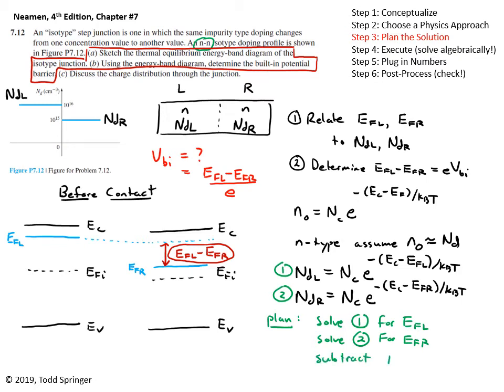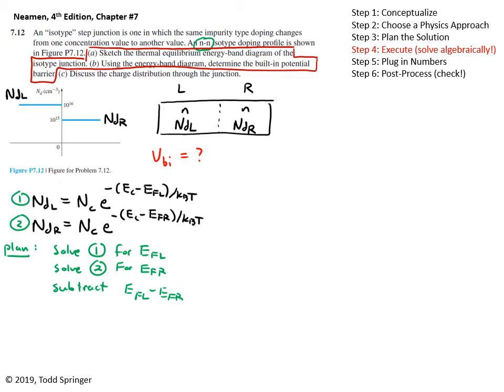And we'll get EF left minus EF right, and that'll be our answer. So now we can just execute this plan.